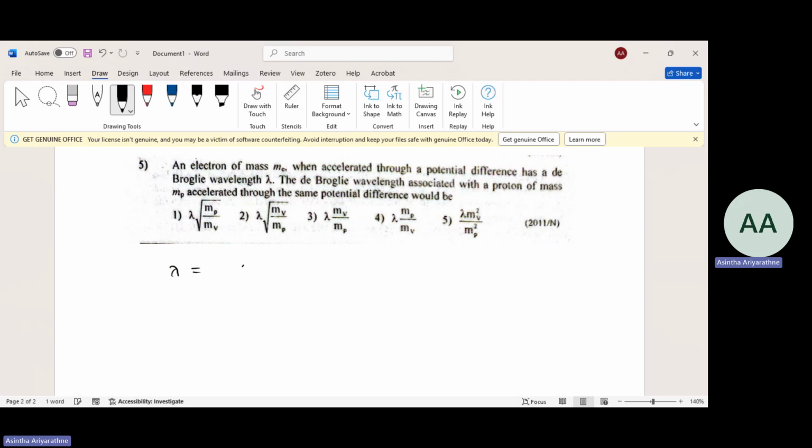So lambda is h over the square root of 2 m e V. If all the others remain the same, lambda is proportional to 1 over the square root of m. The potential difference and the charge are kept constant, so we have mass.